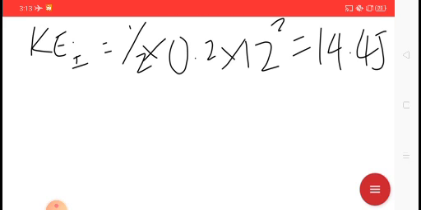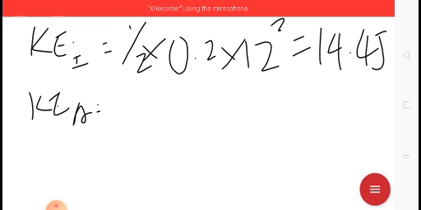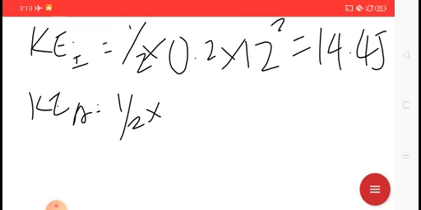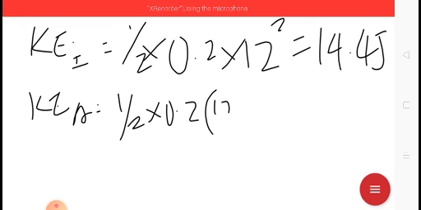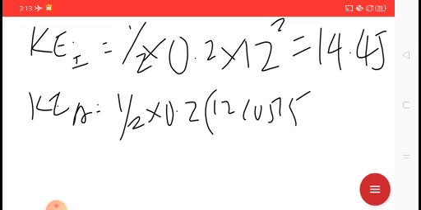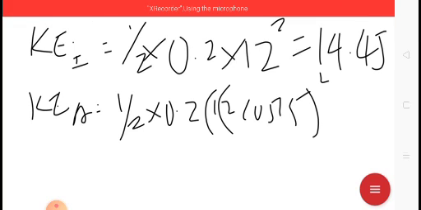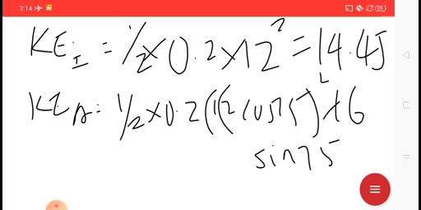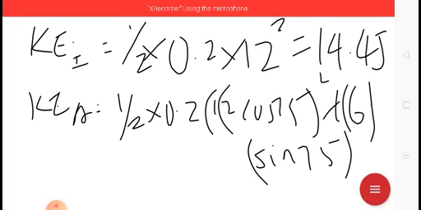Okay, and the KE after will be equal to 1/2 times 0.2. Okay, you have a 12 cos 45 square plus 6 sine 75 total square, right?